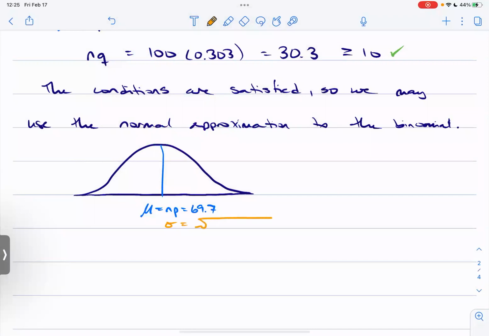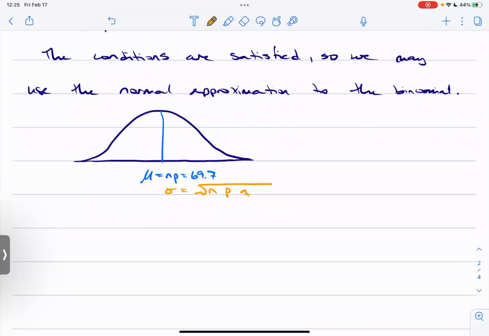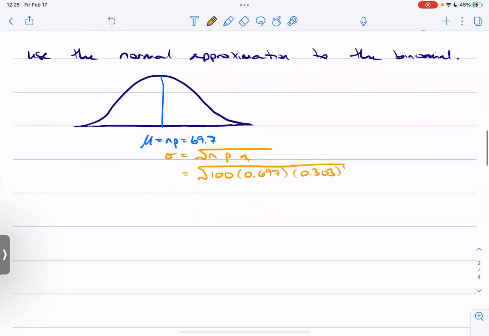Sigma is the square root of npq, which is the square root of 100 times 0.697 times 0.303. And don't forget that square root. I'm going to just write it out, 21.1191.